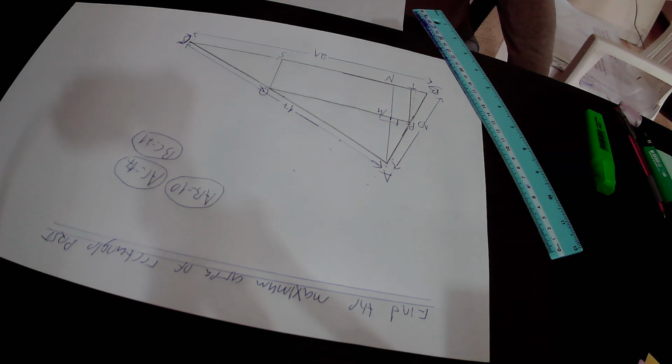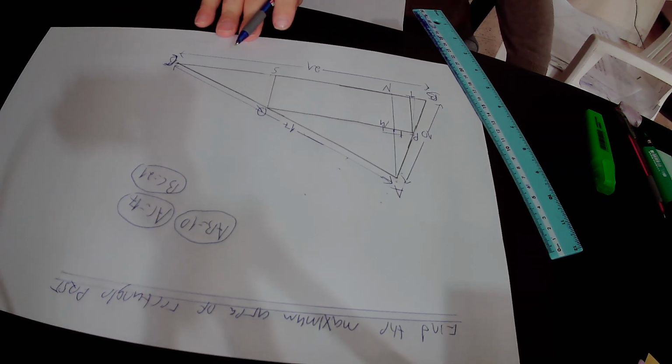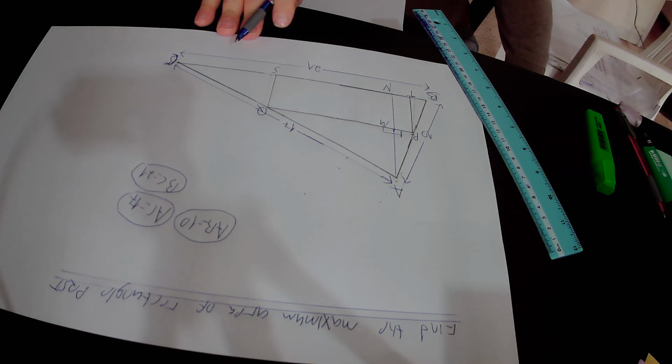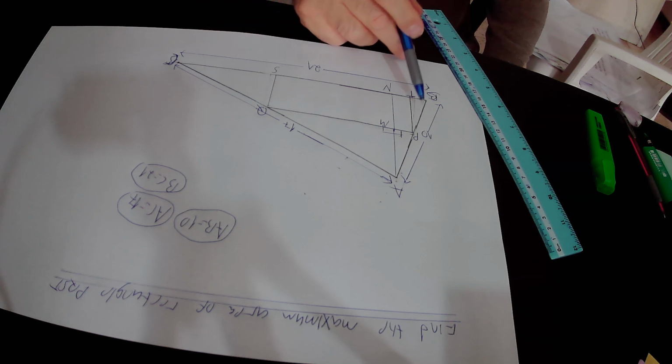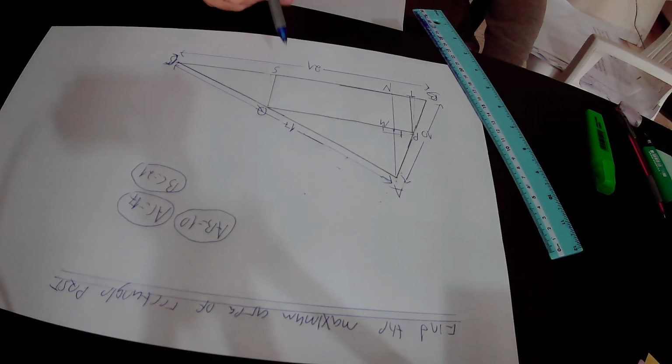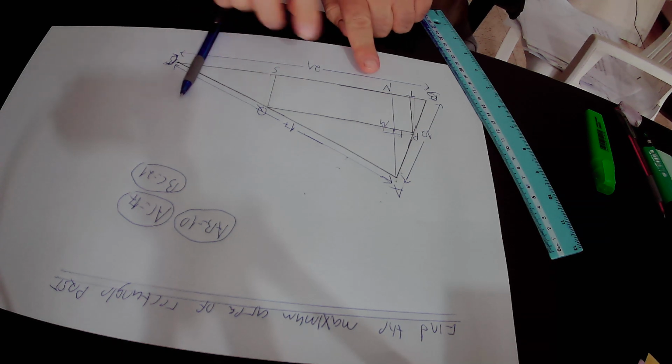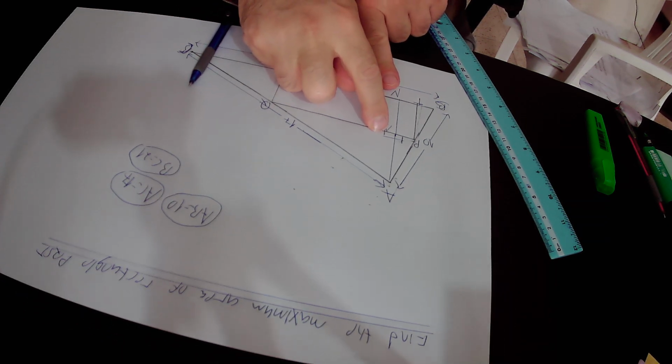So actually, you know that PQST is a rectangle, and you know that the opposite sides of a rectangle are parallel to each other. So side PQ is parallel to side TS in rectangle PQST. And here we have those two angles.